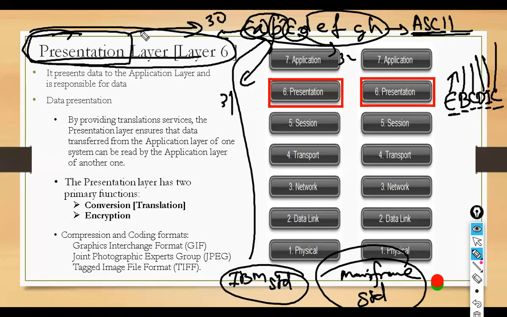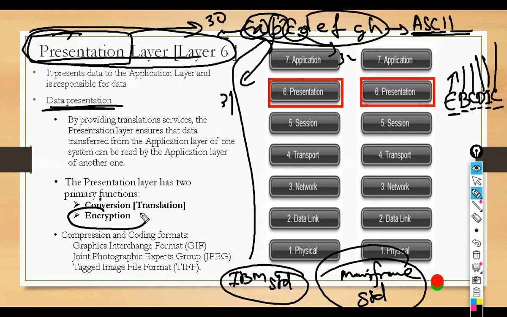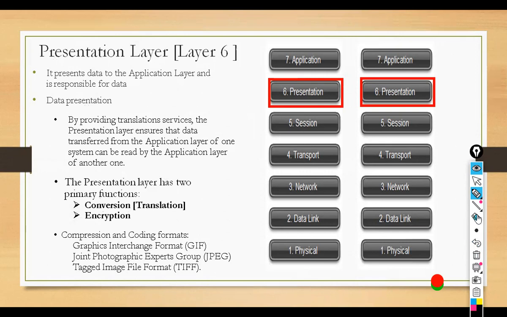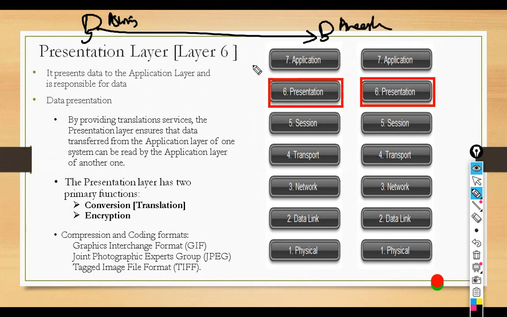Clear? Okay. So this presentation layer helps with data presentation, how to present the data. And the next function is encryption. It will encrypt the data. Encrypt means, suppose Ashwin wants to send a message to Anish.